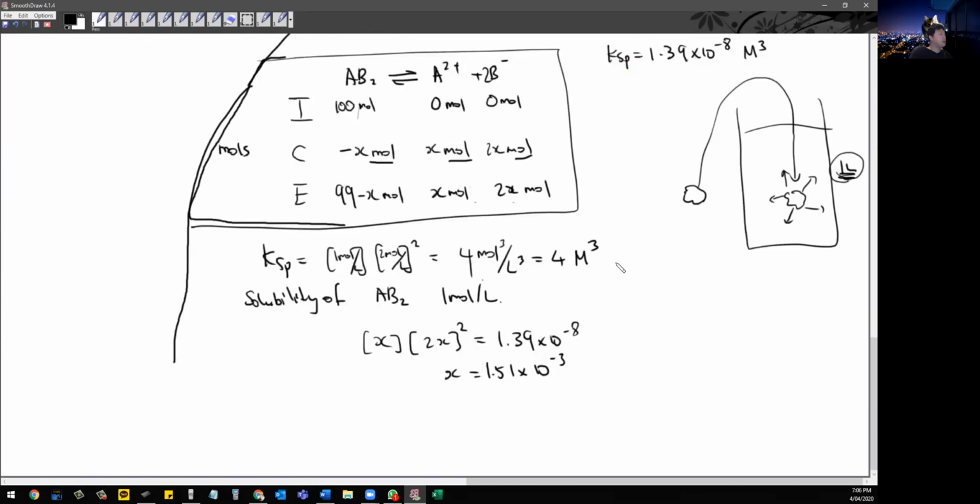What that implies is, just do the ICE table again. There was 100 mole, 0 mole, 0 mole. You're going to be consuming 1.51 times 10 to the power of -3 mole, and you'll be having that and that, 2 of that, right? So you'll be producing 3.02.